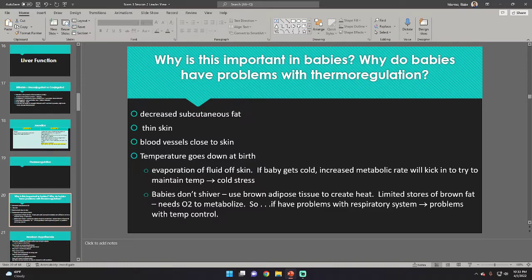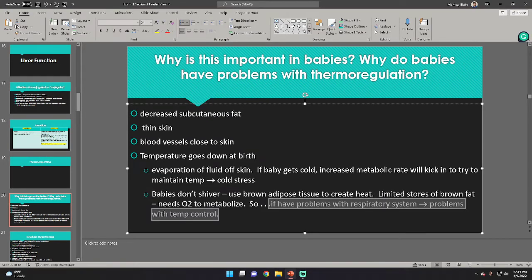Babies have no ability to shiver. They do have small storages of brown adipose tissue to create heat, but that is very limited. Okay, limited stores of brown fat. They need oxygen to metabolize. So if we have problems with the respiration system, we're going to have problems with temperature control. That's a big point there.